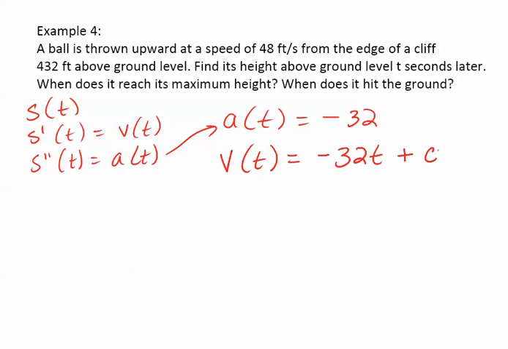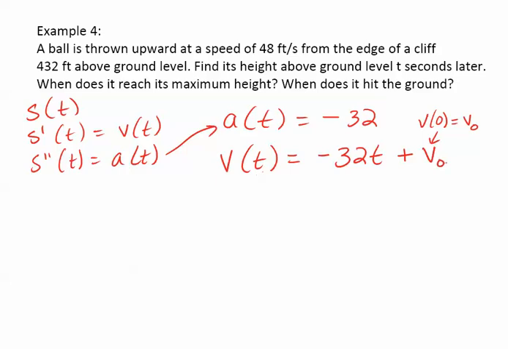And a better name for this constant, when you put 0 in for time, notice that this is v of 0. So we would often write it as a v sub 0, our initial velocity. So when you happen to be doing acceleration, velocity, and position, instead of putting a constant c here, you might give it a better name and call it the initial velocity.